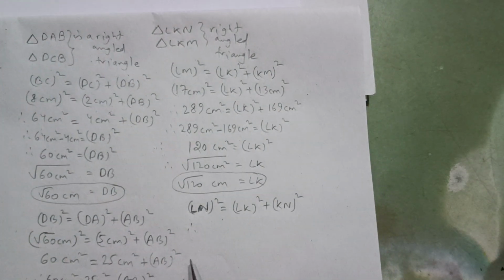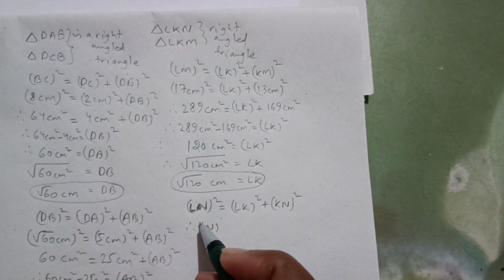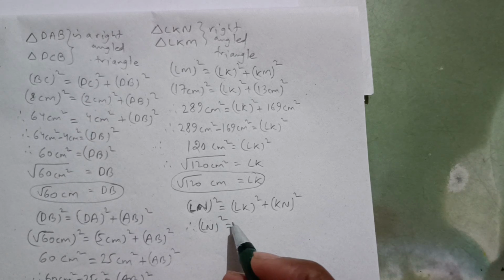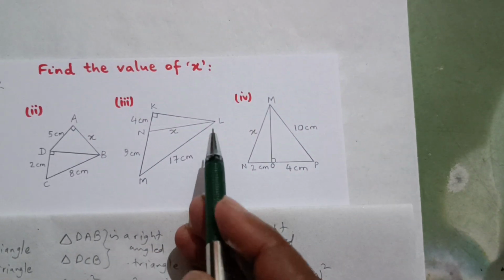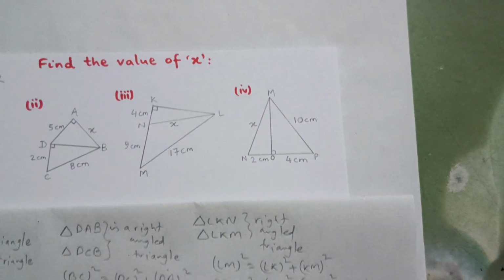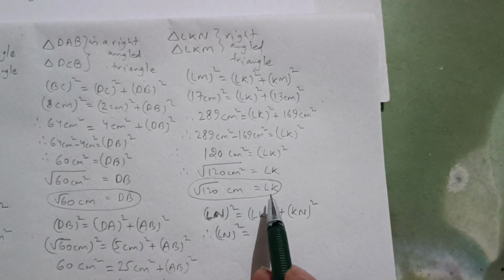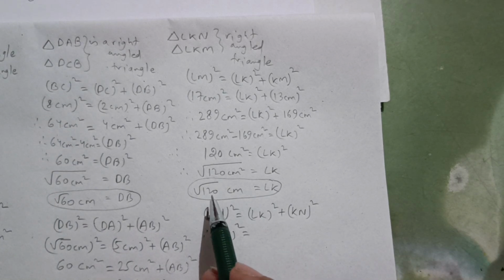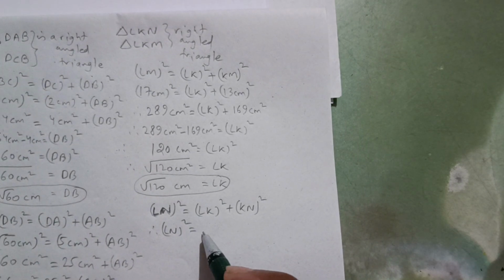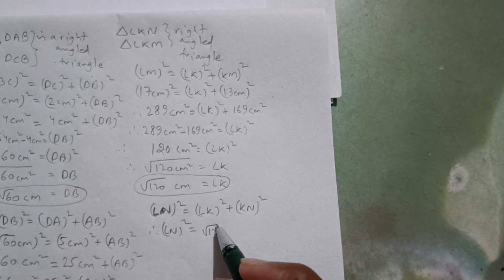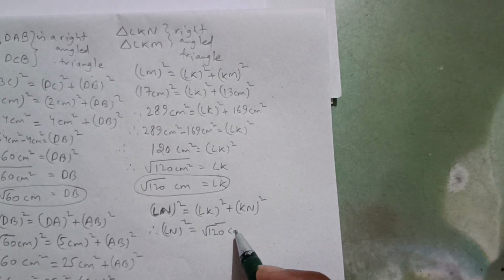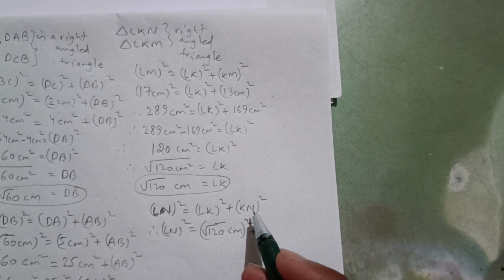So LN whole square is equal to LK. Now LK we have found out over here. LK is square root of 120 centimeter. So LK whole square, this will be whole squared, plus KN whole square.